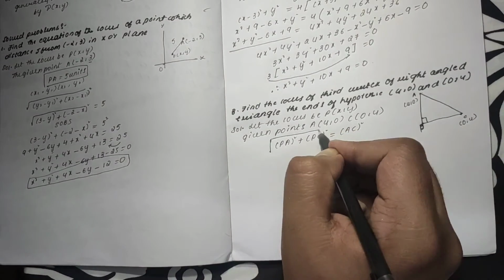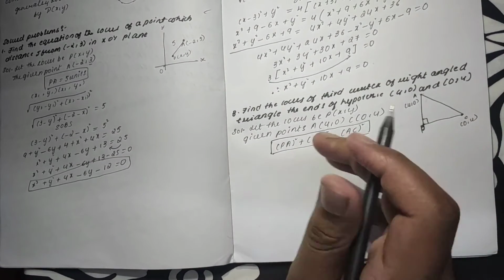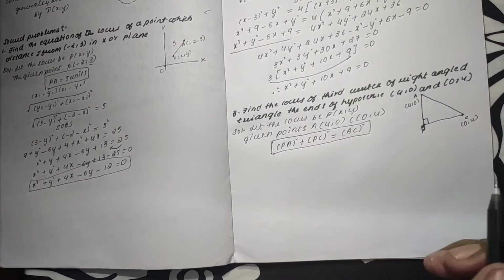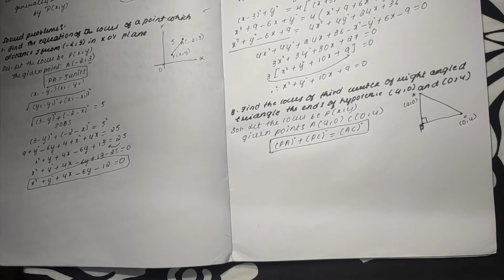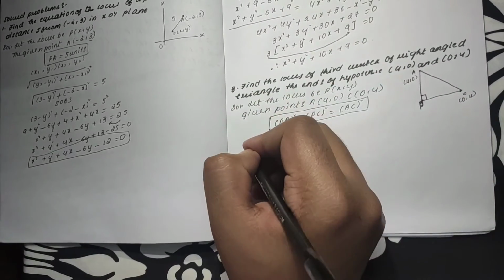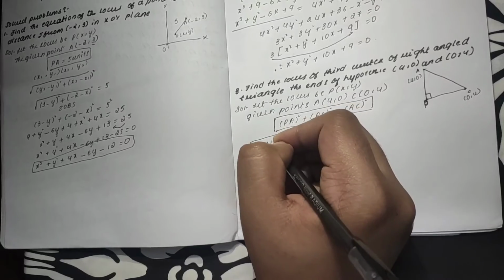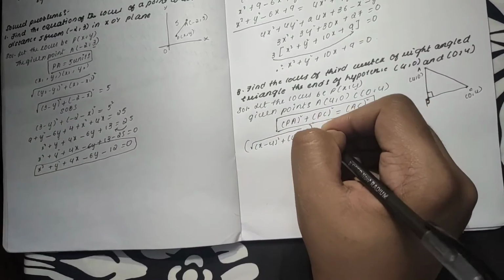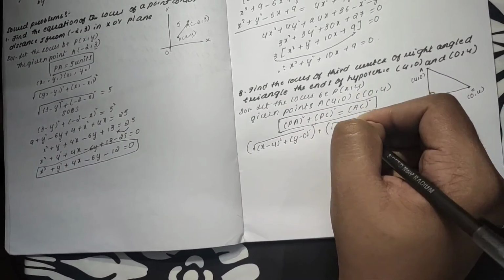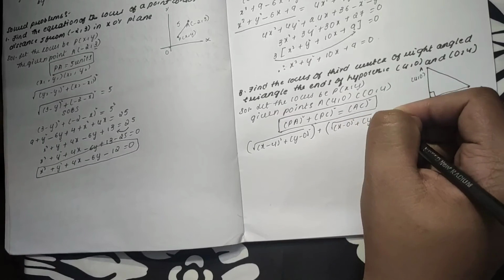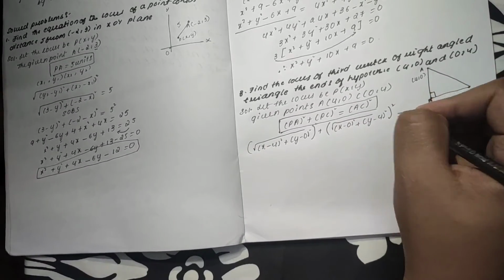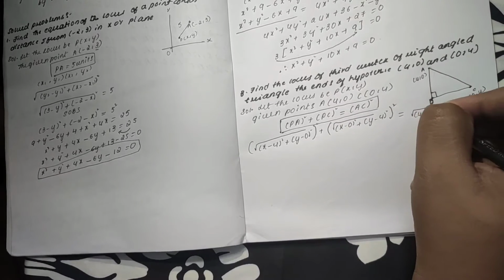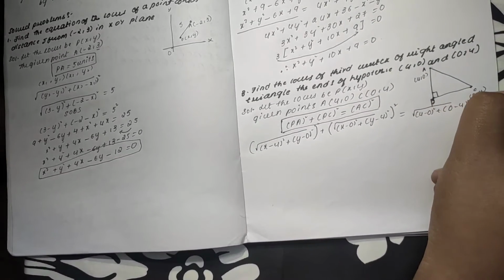So if the question contains a right angle triangle, simply use the formula AB square plus BC square is equal to AC square, the Pythagoras theorem, which we have learned in 10th class and 9th class. So substitute the values. So root over (x minus 4) whole square plus (y minus 0) whole square plus root over (x minus 0) whole square plus (y minus 4) whole square is equal to root over (4 minus 0) whole square plus (0 minus 4) whole square.